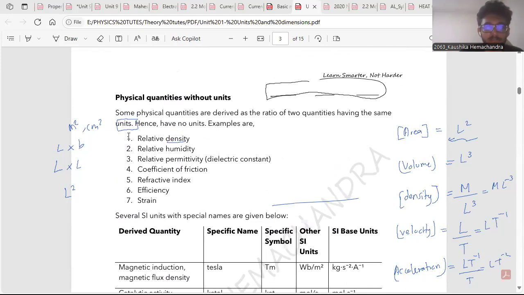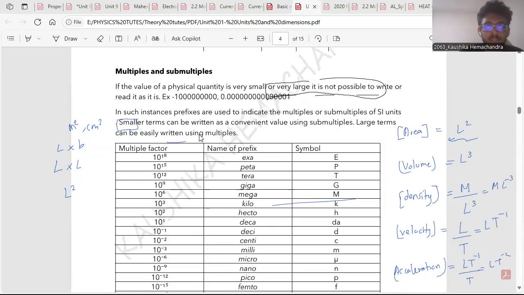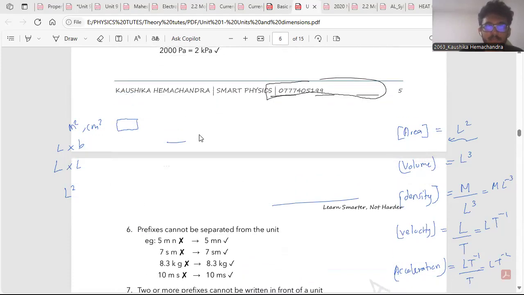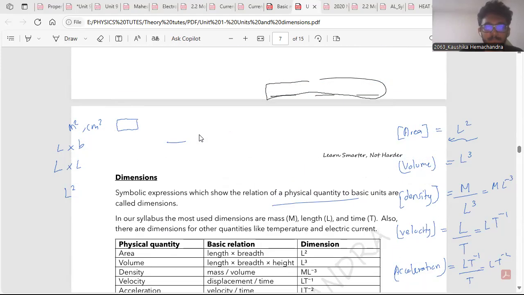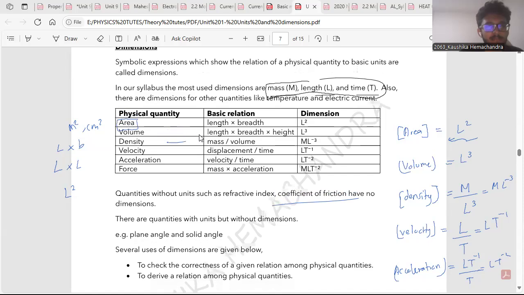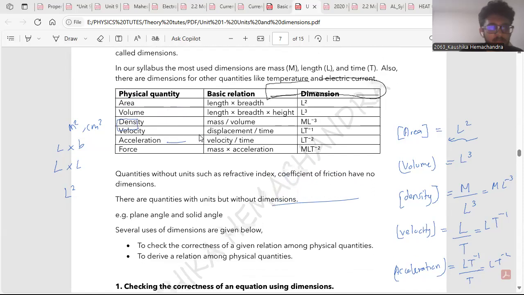These physical quantities, if they have no units, they have no dimensions, right? No, you can't say it like that. Most of the quantities which have no units will have no dimensions. But there are a few exceptions.